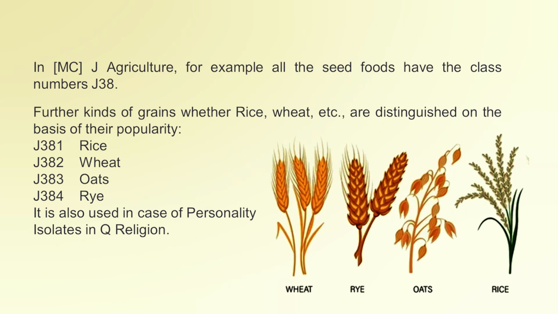In main class agriculture, for example, all the seed foods have the class number J38. Then further kinds of grains, whether rice or wheat, etc., are distinguished on the basis of their popularity, such as J381 is rice, J382 is the notation for wheat, J383 is the notation for oats. All these are prepared on the basis of the popularity of the grains.